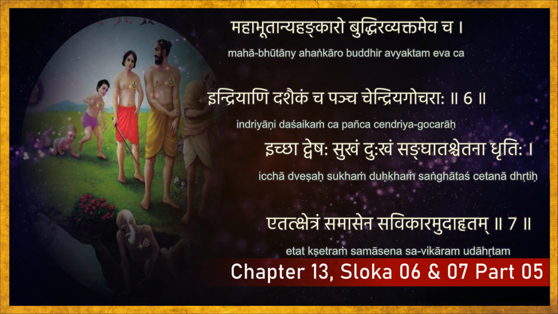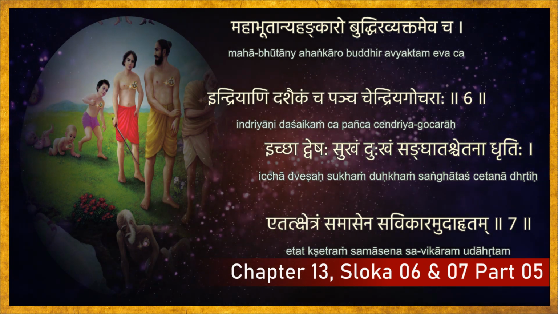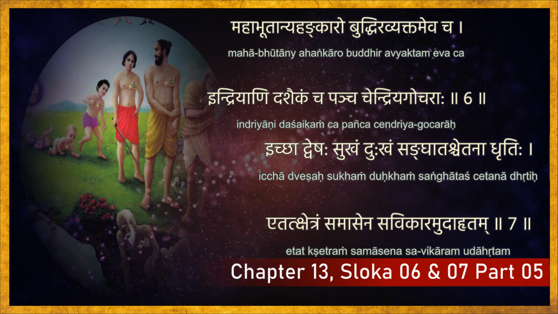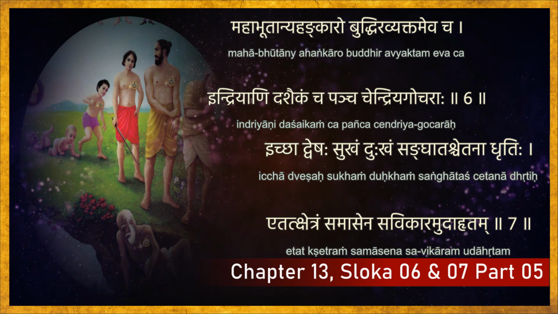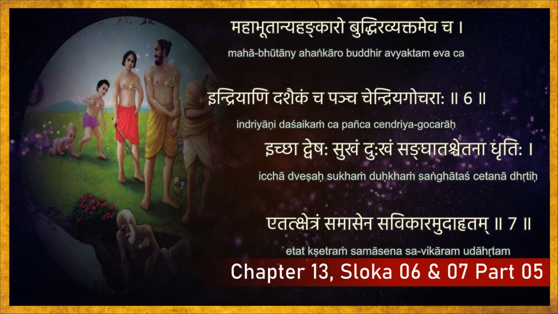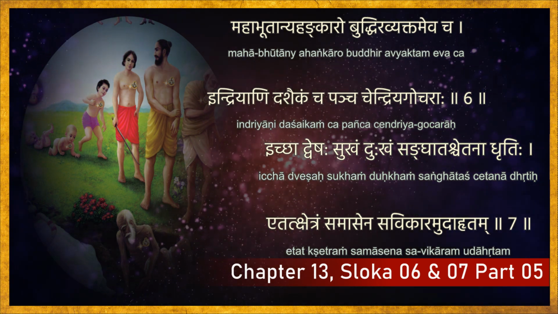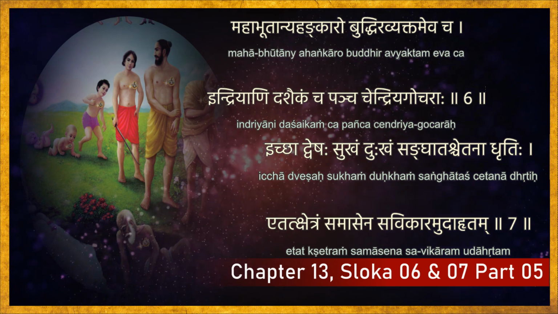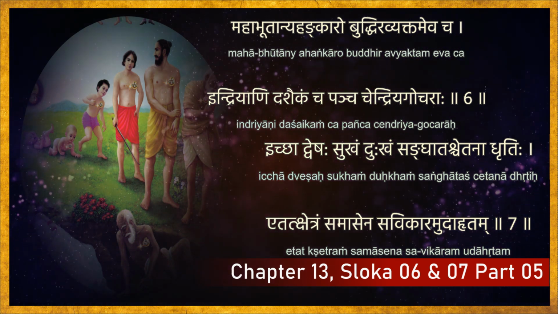So this rupa tanmatra will have its principal quality called rupam plus the quality of vayu, that is sparsha, and the shabda from akasha. They are all in unmanifested stage, cannot be perceived when they are in the rupa tanmatra stage. From this rupa tanmatra comes the tejas.